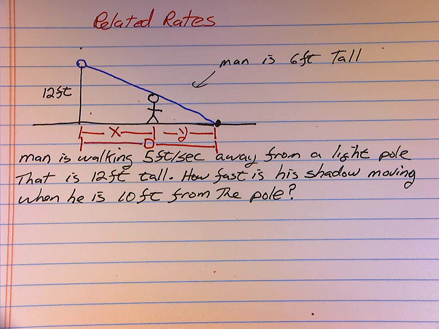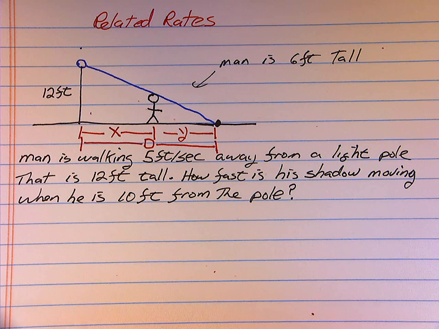I want to know how fast the shadow is moving. But that would be also an interesting question to talk about. So how fast the shadow is moving is that big D, the rate of change of D with respect to time.